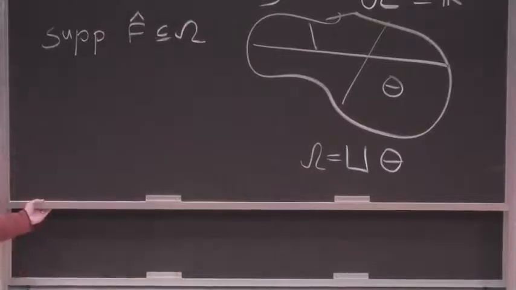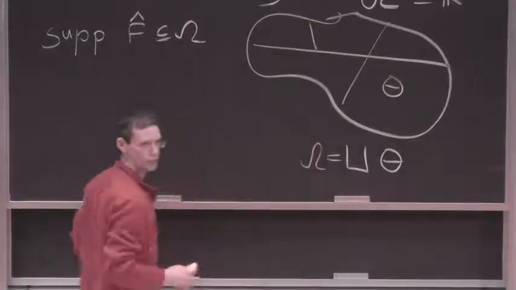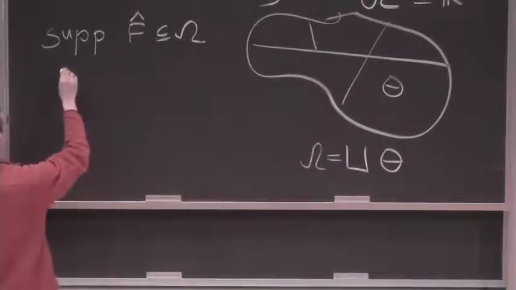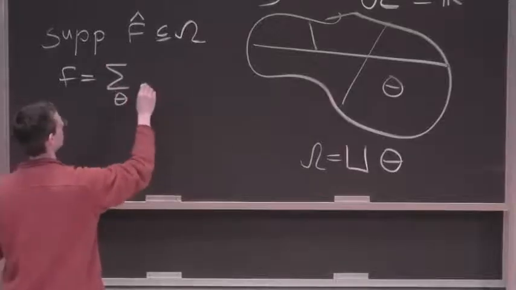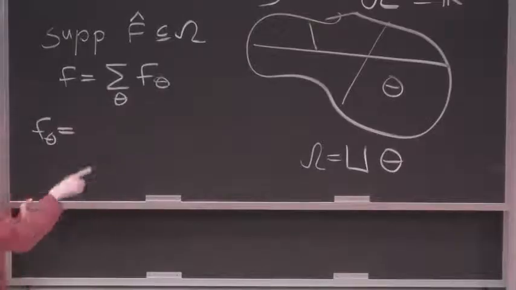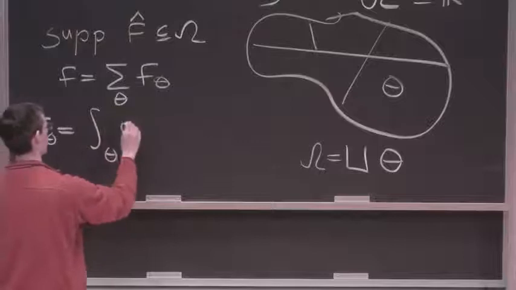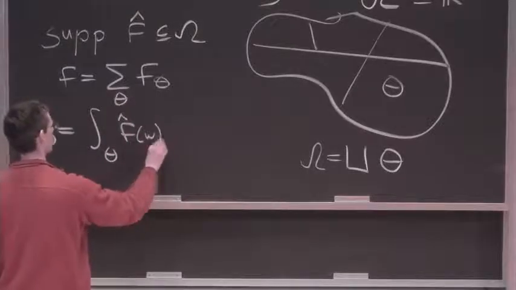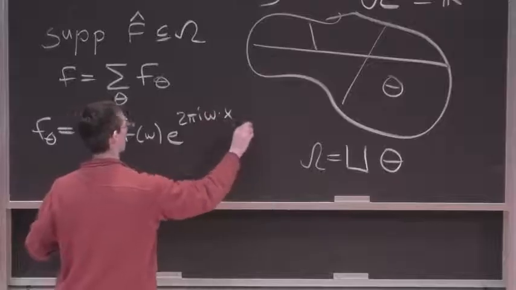Then I can break up this function into pieces that correspond to this decomposition in Fourier space. So my function f is decomposed as the sum over the different pieces theta of f theta, where f theta is just the part of the Fourier integral that comes from theta. So it's just the integral over theta of f hat of omega e to the 2 pi i omega x.